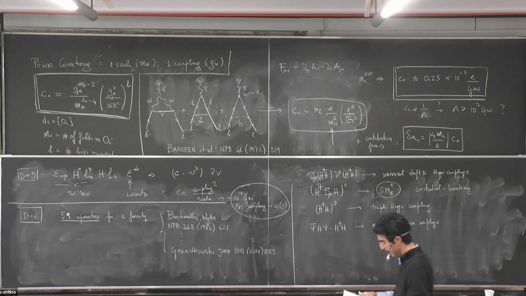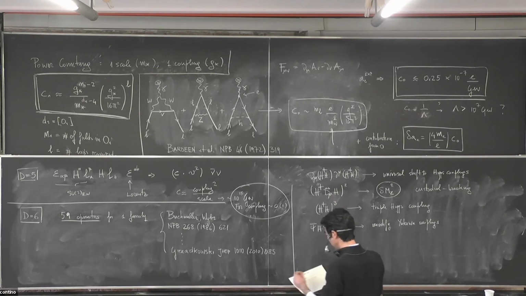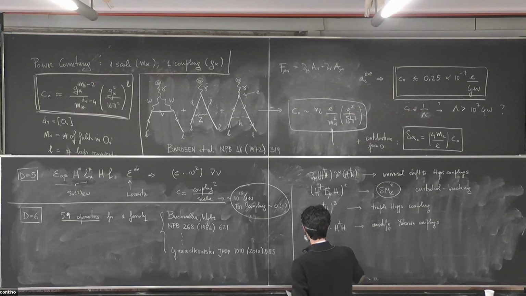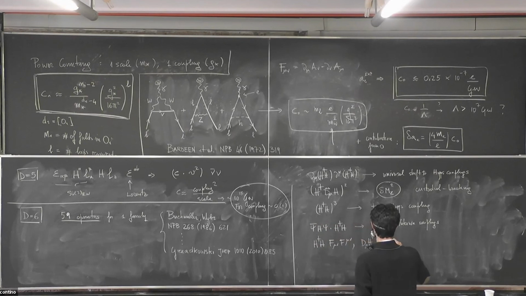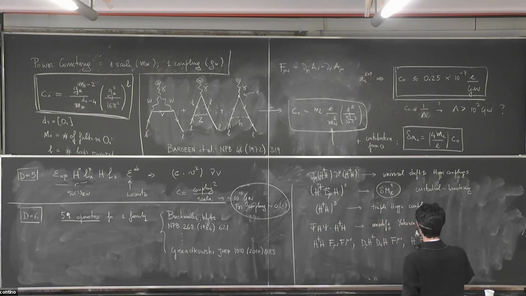Then there are operators which involve 2 powers of the Higgs field and 2 powers of the gauge field strengths. For example, operators of this kind: H dagger H F mu nu F mu nu, or operators which go like D mu H, D nu H, F mu nu, or H dagger D mu H, D nu F mu nu.